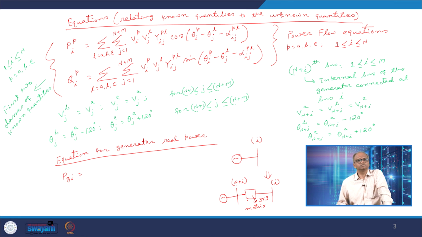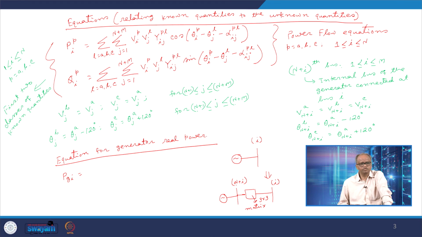Now, we said that this matrix is essentially derived from the knowledge of the generator positive sequence, negative sequence as well as the zero sequence reactances, impedances or rather reactances.